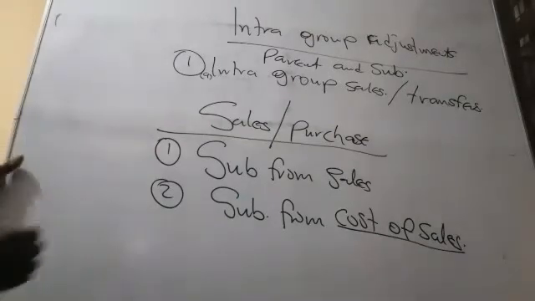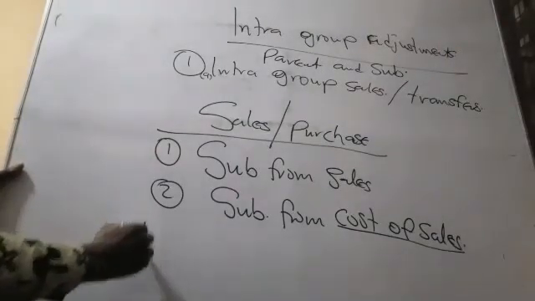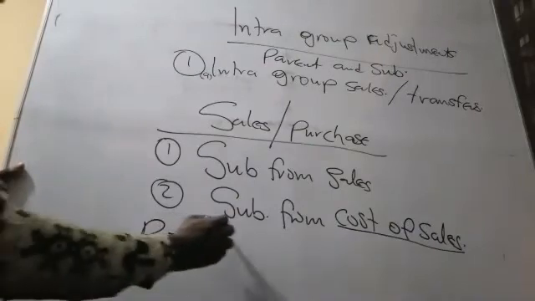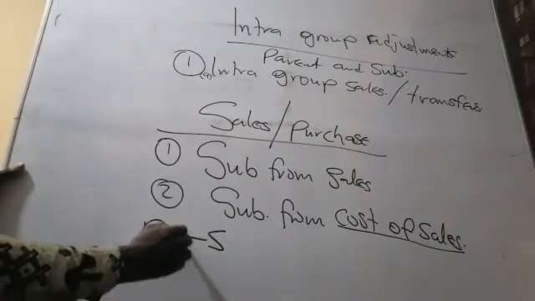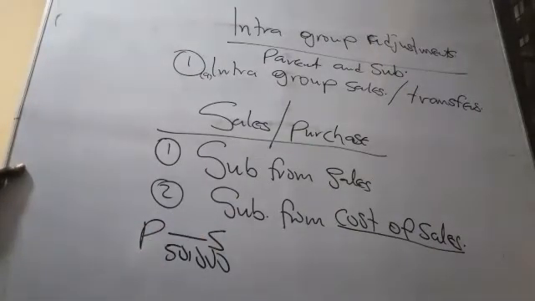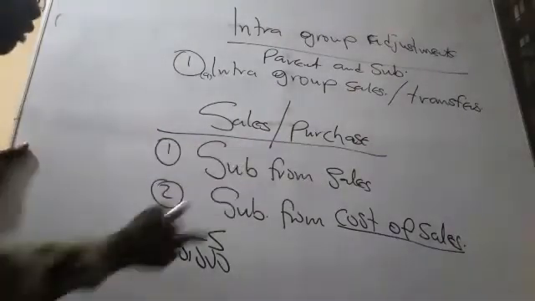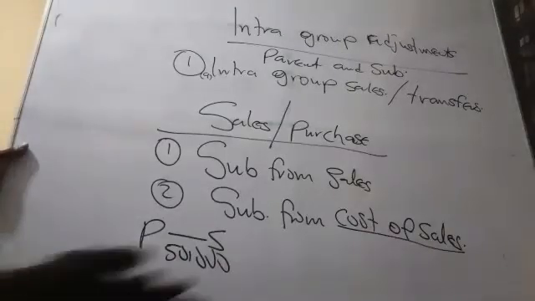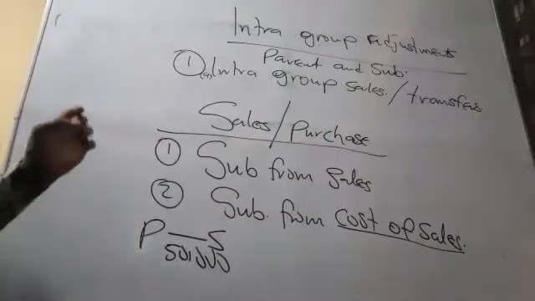So if the parent sold goods to the subsidiary amounting to 50,000 cedis, the entire sales must go down by 50 and the entire cost of sales must go down by 50. It ends there.